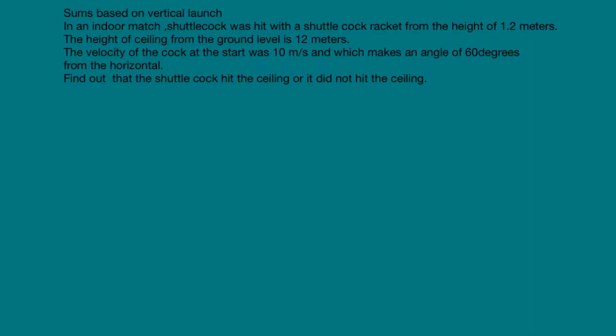So we will make a diagram for this, how it will look. Here is the person taking the racket and hitting the shuttlecock like this. This is the height where the shuttlecock is being hit, and this is the ground level.